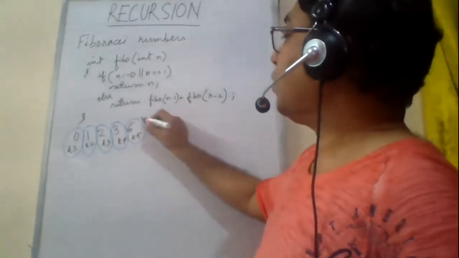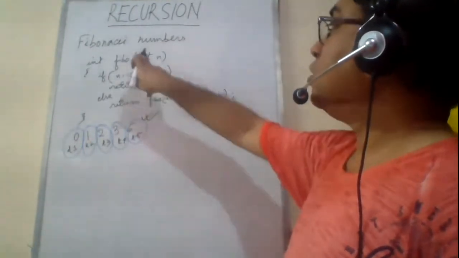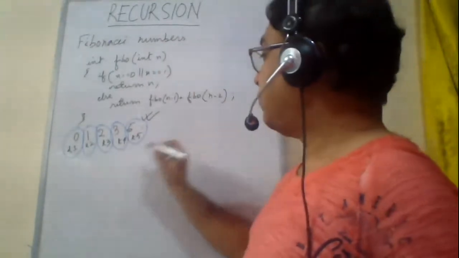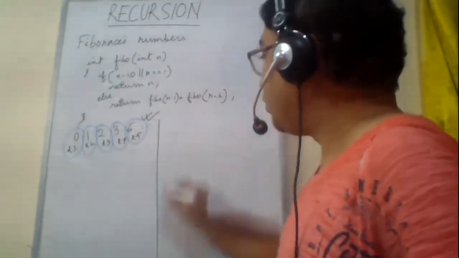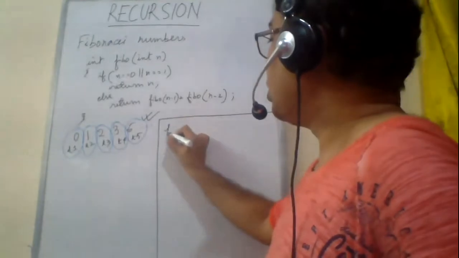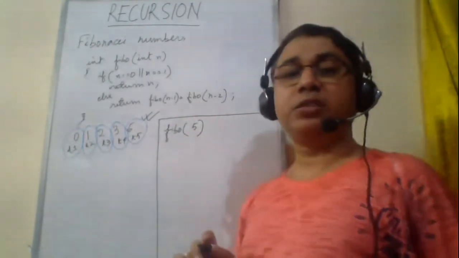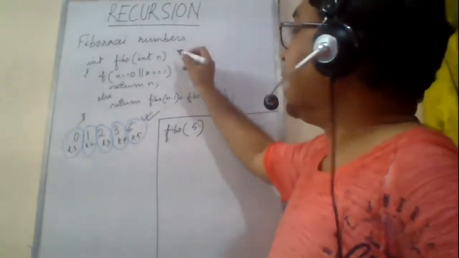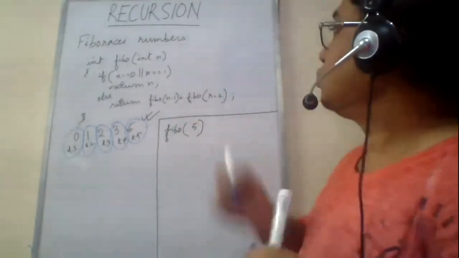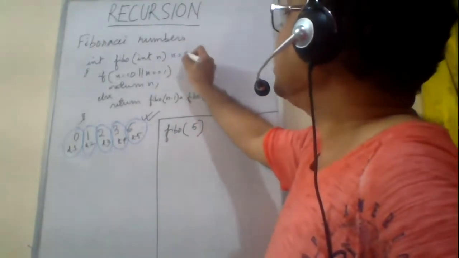So I am starting with the last number only, 5. I am passing the value, let me show over here, Fibo of 5. So I have passed the function over here as 5, so here I am getting n value as 5.